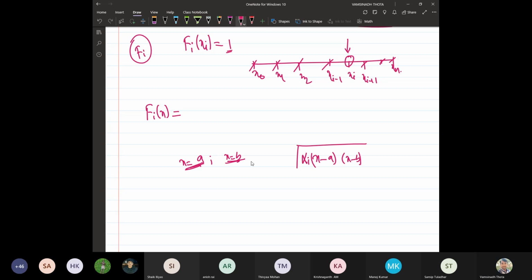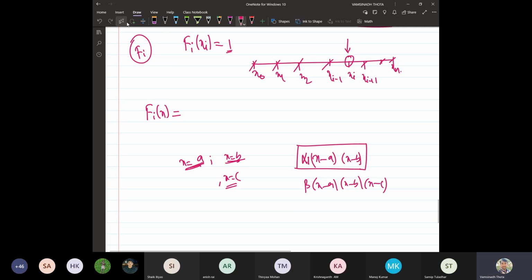A constant times a polynomial will not change the degree, right? So some constant should also be there, times x minus a, x minus b. Suppose it is asked, give me a polynomial of order 3 with 3 roots a, b, c, then what is that one? It will be some constant times x minus a times x minus b times x minus c.